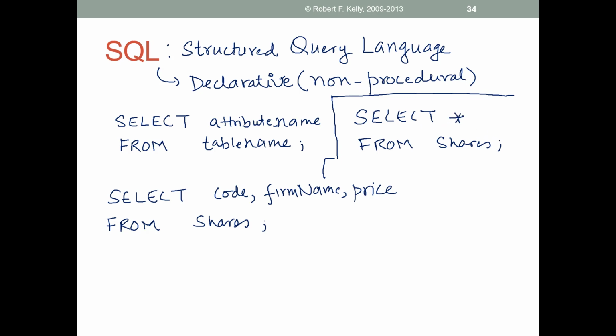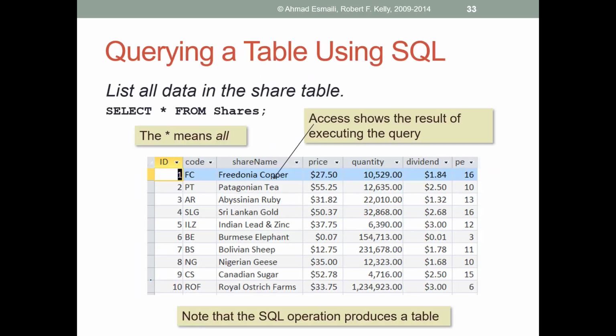So it will return all the attributes that you have in your table with all the possible values. Now I have a few more things in my slide. I'll cover that and then I'll come back and explain to you. Select star from shares means you get, star means all, select everything. So you got all the data that you had in your table.